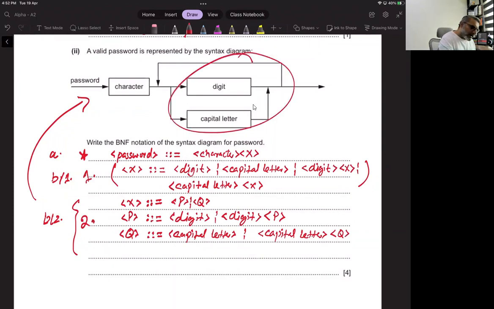I made this X. And then I took it once digit or any number of digits. Here digit and any number of digits. And then I took it second, a capital letter or any number of capital letters. Then I separated them, these two, into this is P and this is Q part. And I did it separately over here. So you can choose. It is not wrong, it is correct.